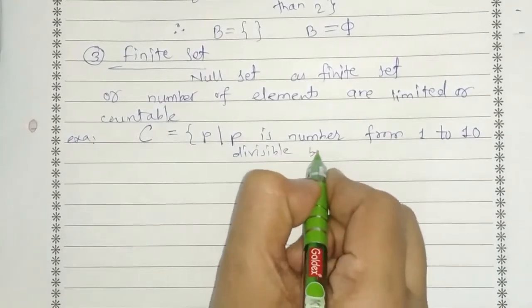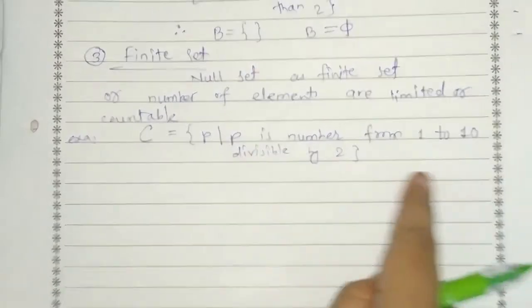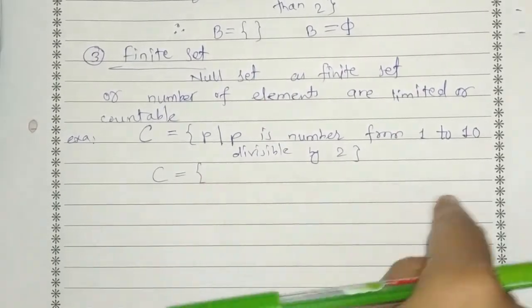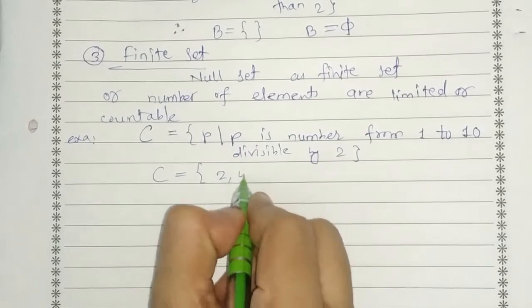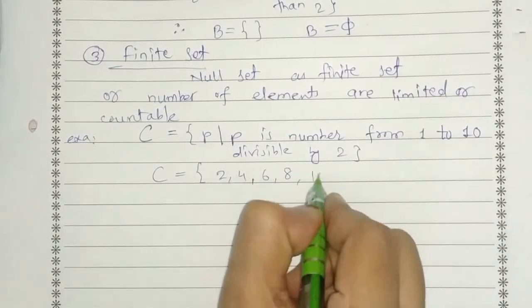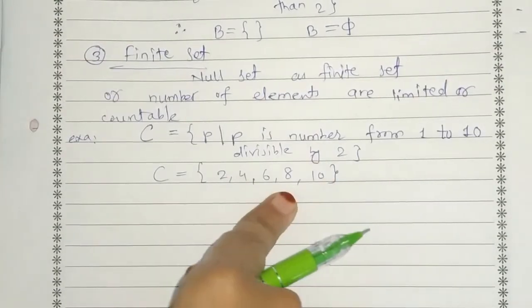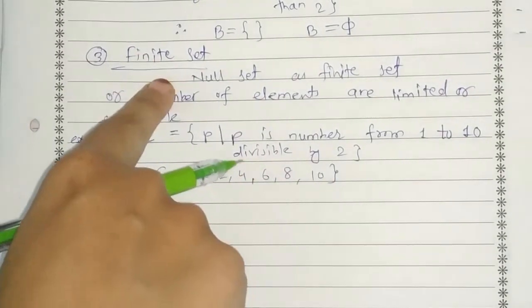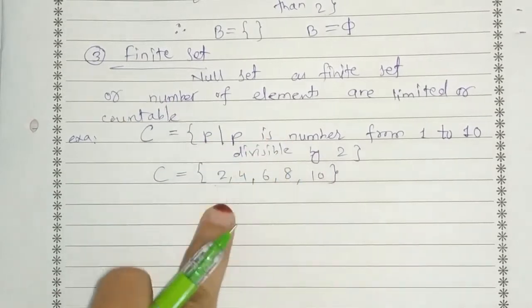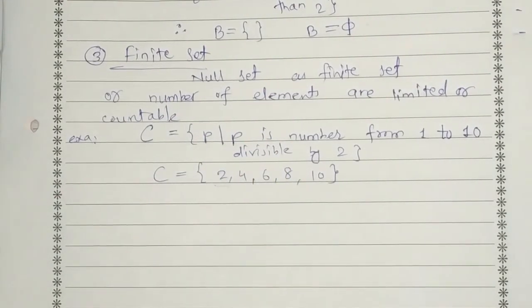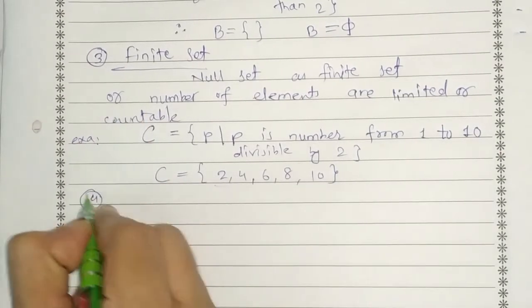We know that the numbers divisible by 2, if we write in the listing method, are 2, 4, 6, 8, 10. Here if we count, there are 5 elements, which is countable, therefore this set C is called a finite set. So a finite set is a set in which the elements are countable or limited. Then the next is the infinite set.